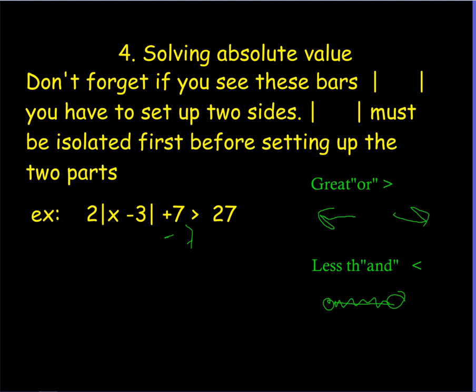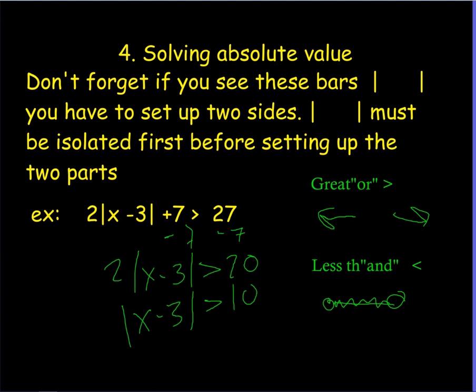So here we would subtract 7 from both sides first. You get 2 absolute value of x minus 3 greater than 20. Divide by 2, we get absolute value of x minus 3 greater than 10. And now this is where we set up both sides of our equation. This is a greater than problem, so we're going to have the OR. That's going to give us x minus 3 greater than 10, x minus 3 less than -10.